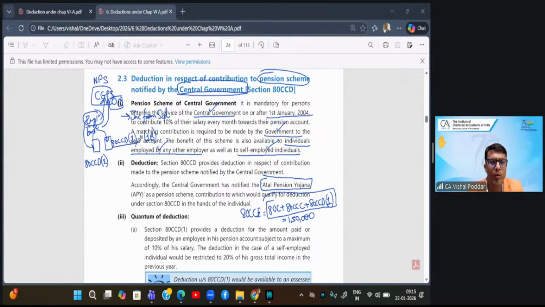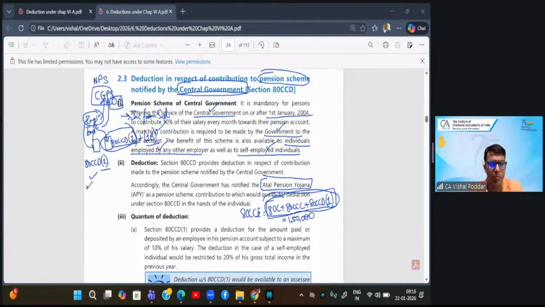Whatever you are contributing is covered in 80CCD 1. Plus, there is some additional contribution by you, which is covered in 80CCD 1B. And whatever the employer contributes is covered in 80CCD bracket 2. Now, interestingly, this combined limit of 150 covering three sections only covers this part. It means your additional contribution and employer's contribution are not covered in the overall limit of 150.